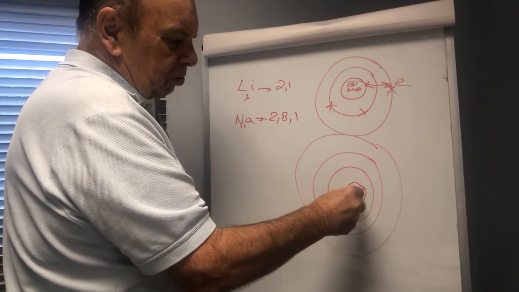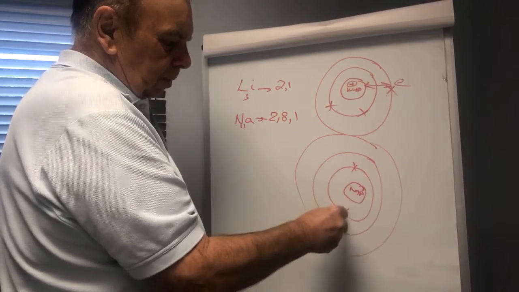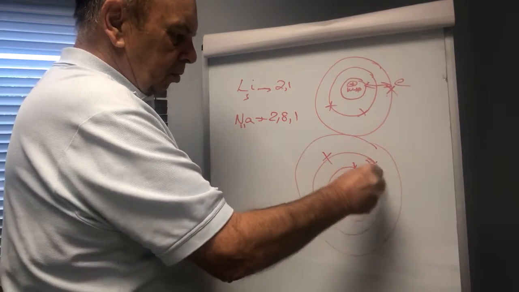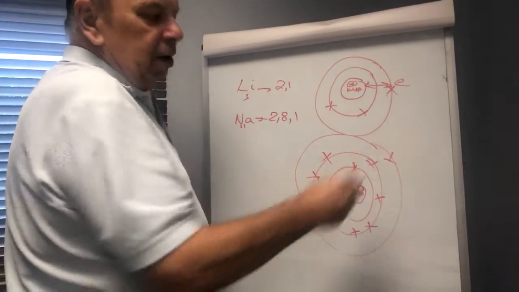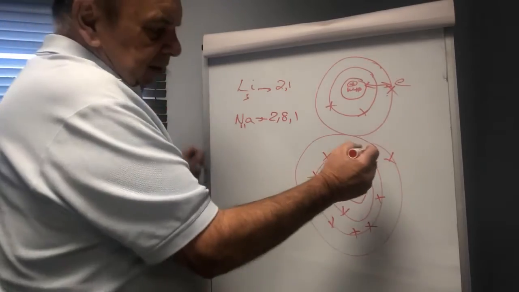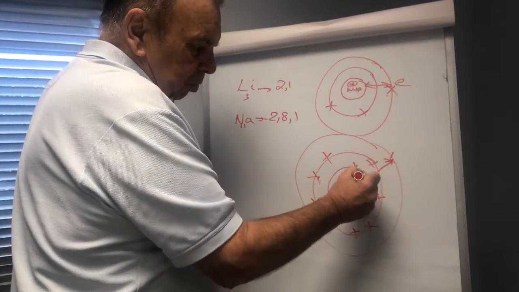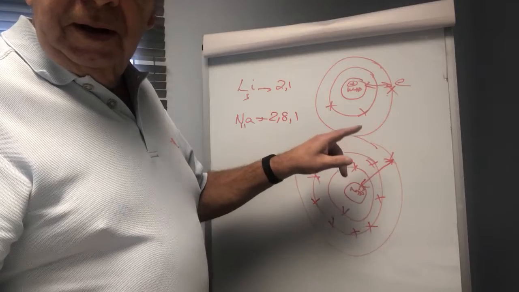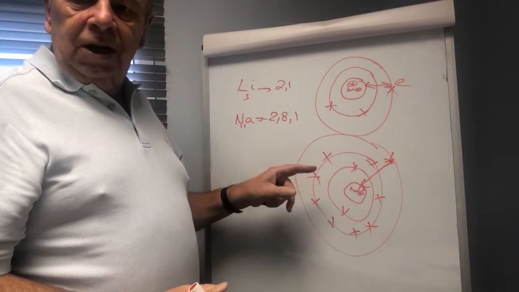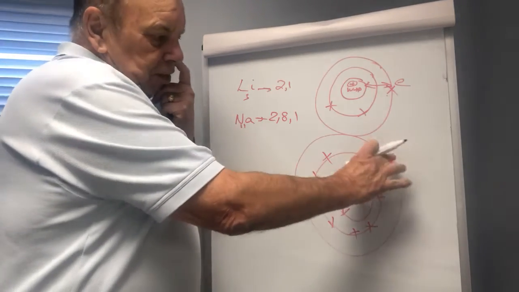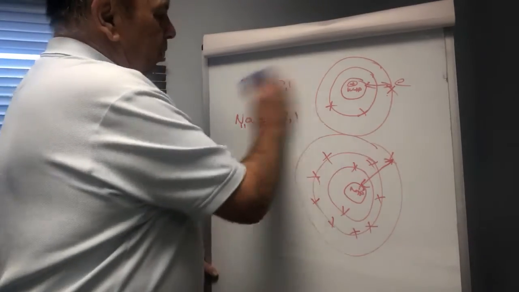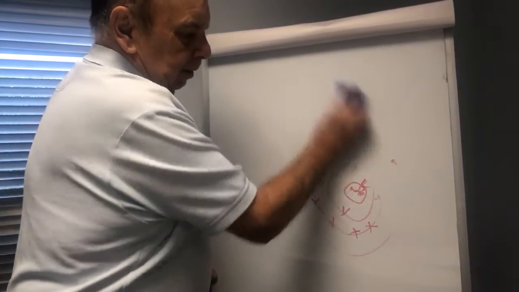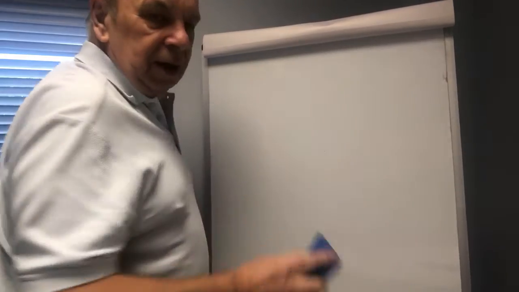That's the nucleus, neutrons and protons, 2, 8, 1, and the outer electron there is further away from the nucleus and will therefore be easier lost because the electrostatic force in that is small compared to that one. And that's why going down group 1, the alkali metals, they get more reactive.